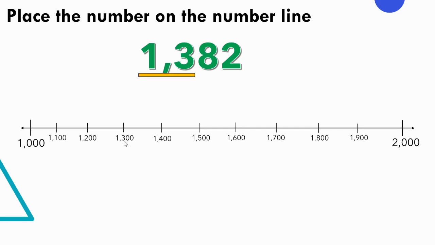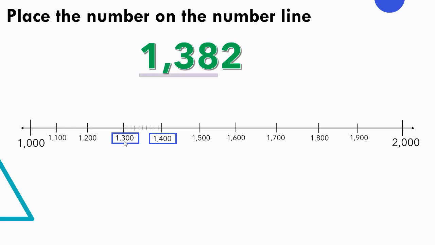Notice in our number that there are 13 hundreds. So our number 1,382 is going to fall between 1,300 and 1,400. We can go ahead and separate our number line into 10 more equal parts. Each equal part represents 10 more because there are 10 tens between 1,300 and 1,400.